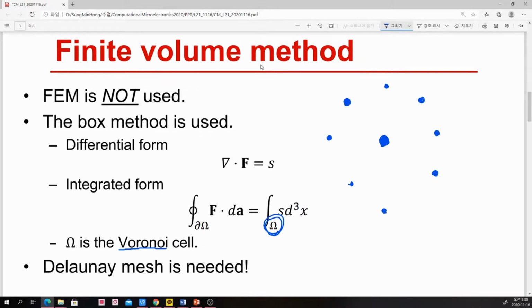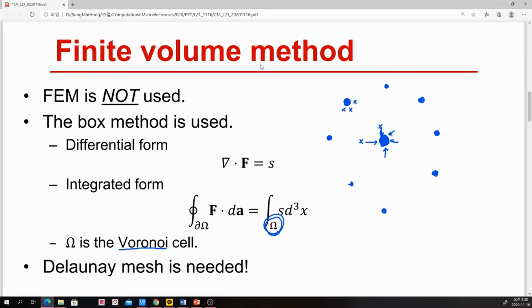For example, this one should clearly belong to this node, and this one, and of course also this one. All points nearby this center node should belong to this center node. And how about this one? Yeah, sure. Then this one. How about this? How about this?